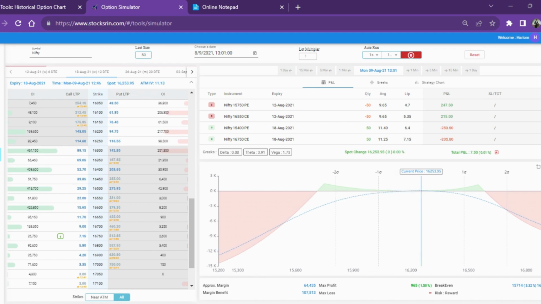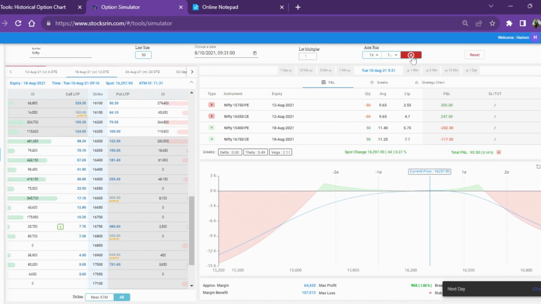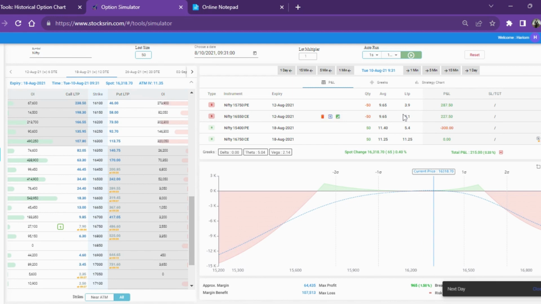Okay, and you can see that it's already the next day, it's Monday, and so far no adjustment is required in this trade. Okay, let's go back by 15 minutes.